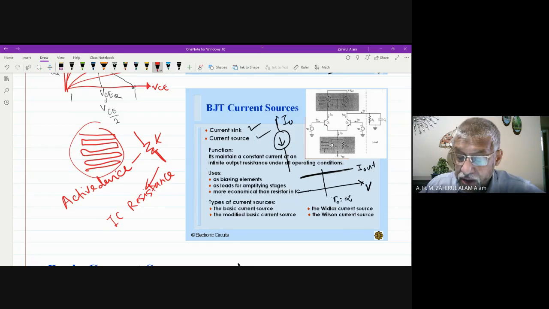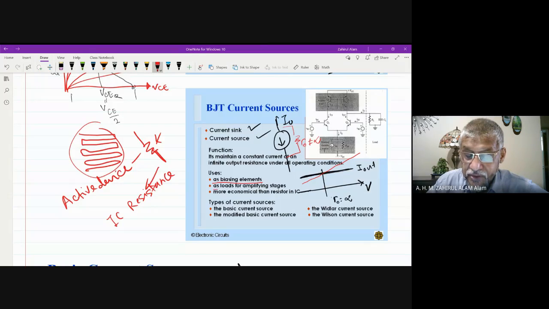But if it's non-ideal, then there is variation with the voltage, which means there is some parallel resistance which is not equal to infinity. So now our target is to design a current source with high output resistance.